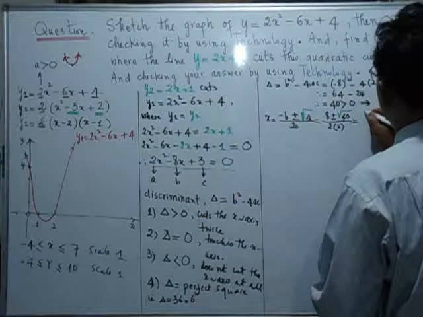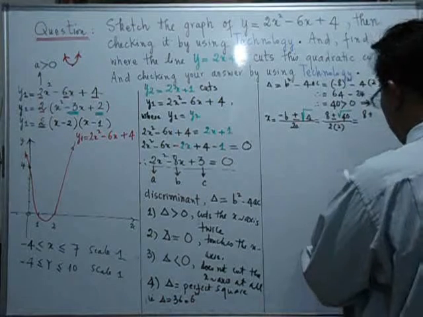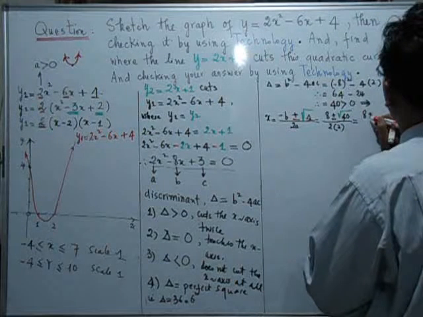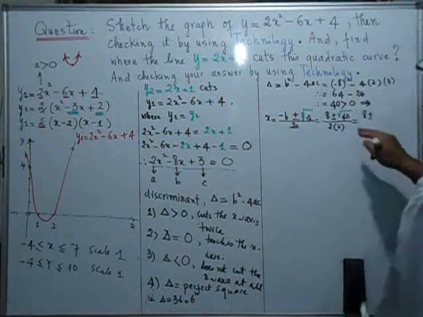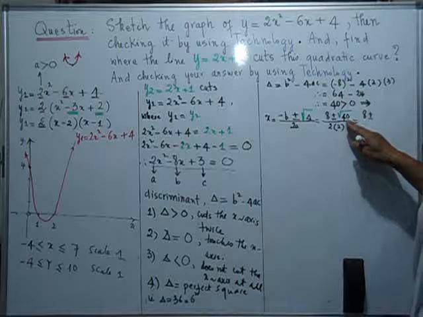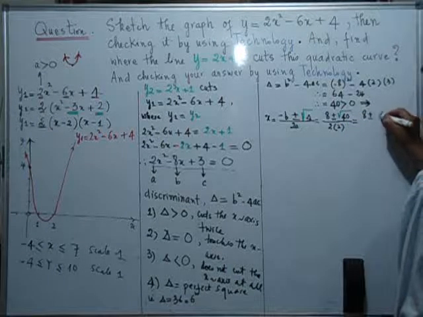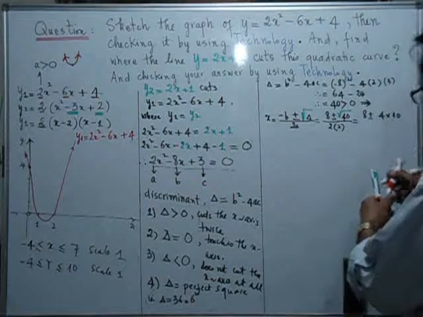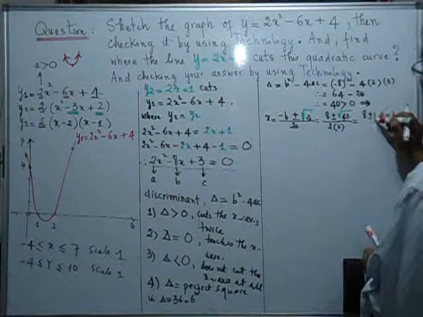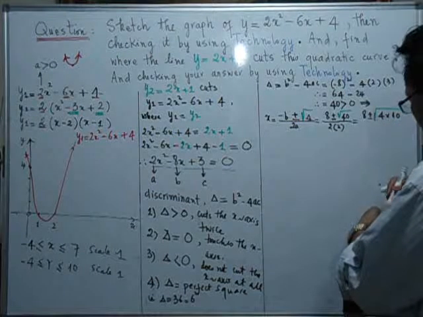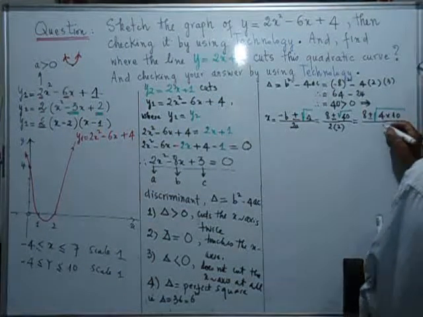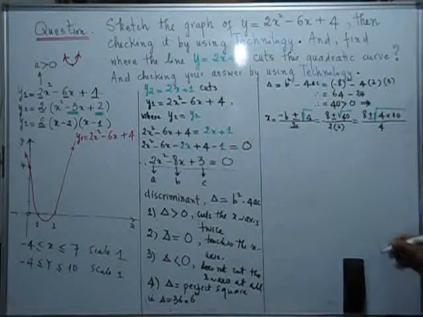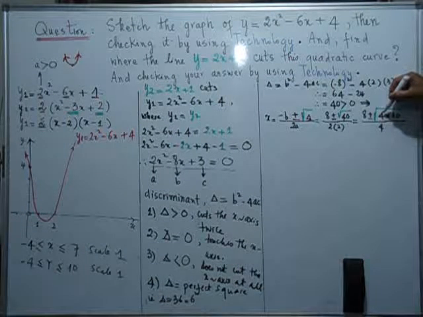So 8 plus or minus, and the number 40 in this case we can write as 4 times 10.